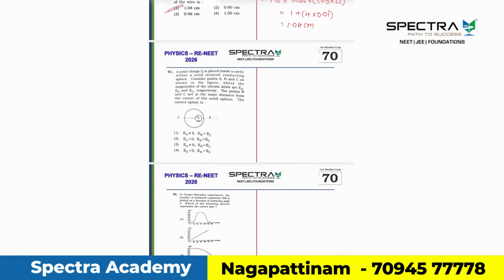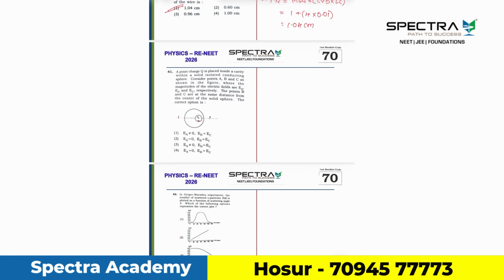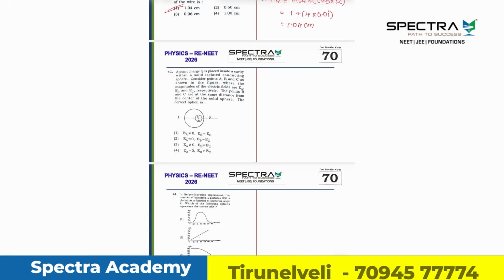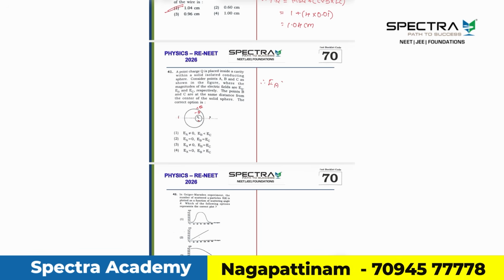So how can we simplify this? They're asking about the field. See here, the charge Q is placed inside the cavity, right? So because of induction, there will be -Q on the cavity surface and +Q outside. And since the point A is inside the cavity at a distance from charge Q, the field at the point A is not equal to 0.